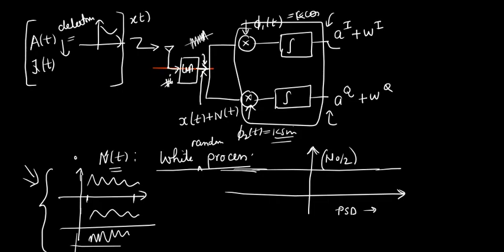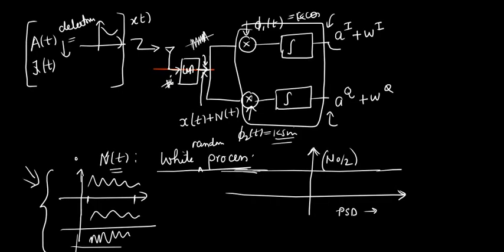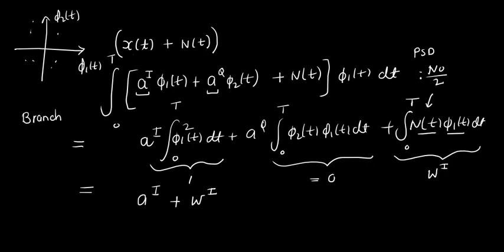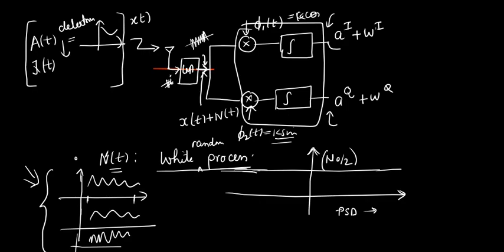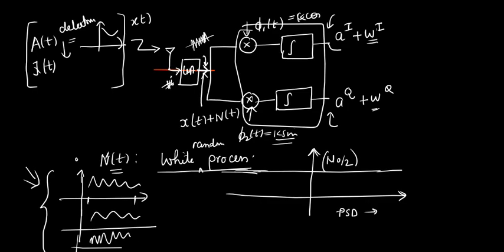So these samples which we collect, I am not going much into detail, are Gaussian with mean 0 and variance N0 by 2.